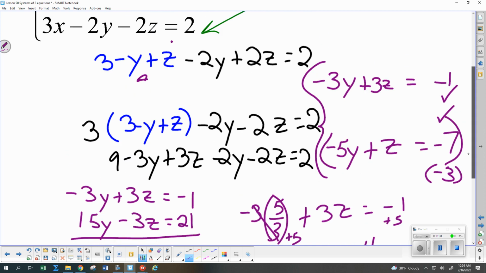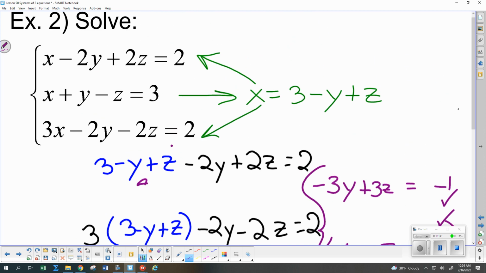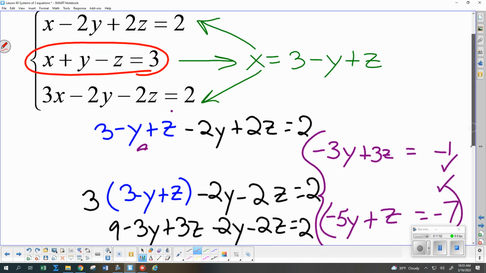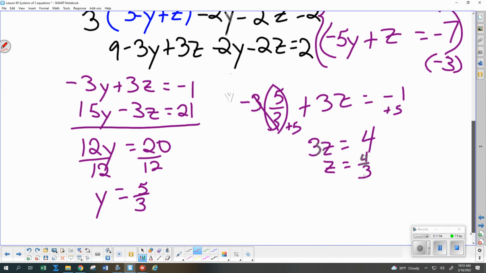So now we have y and z, and we need to pick one of our original equations to get x. So one of these three. And Hendrix, which one would you pick? Okay, I agree. It's got the smallest numbers, so let's pick x plus y minus z is 3. And we're going to plug in what we have.